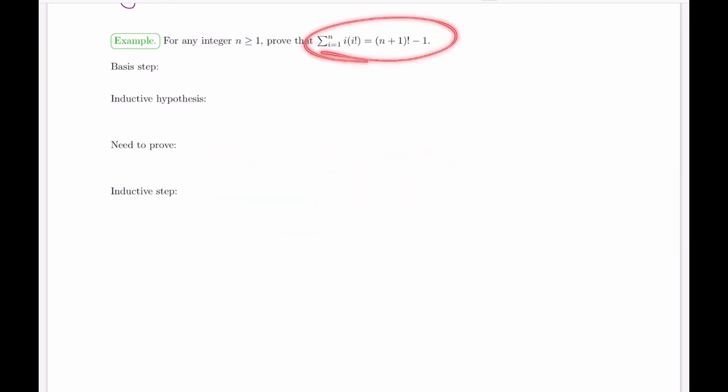Okay, so here is our property P of n. And as I said, you can leave it as a sum or you can write this out. So maybe let's write it out so it's easier to see what the summation on the left-hand side actually is. So this is the same as going from index 1 up to n of i times i factorial.